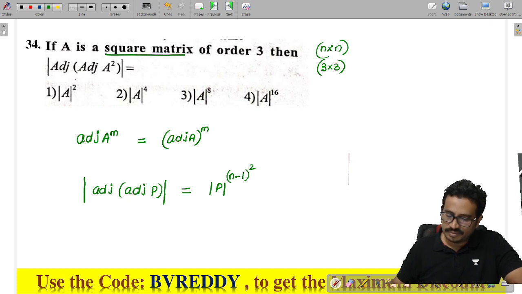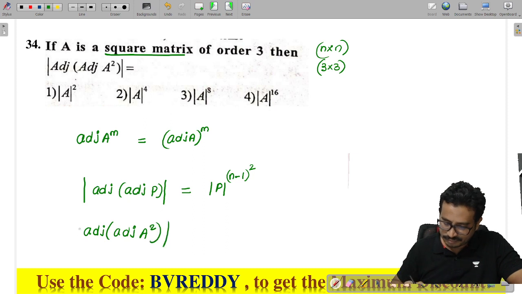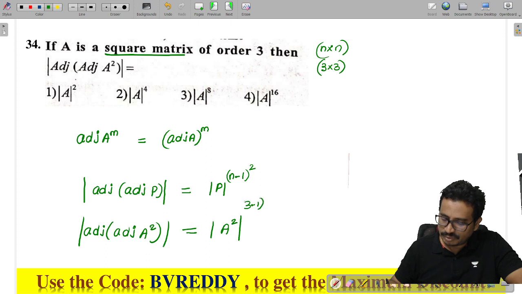Now in place of P we have A square here, so determinant of A square whole power n minus 1, where n is 3, whole square.